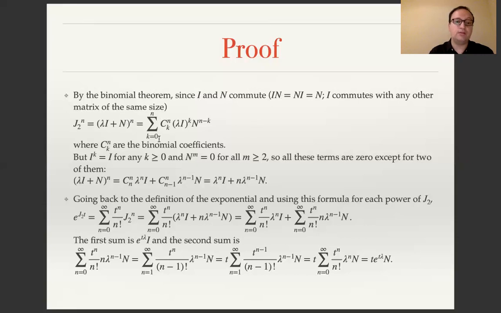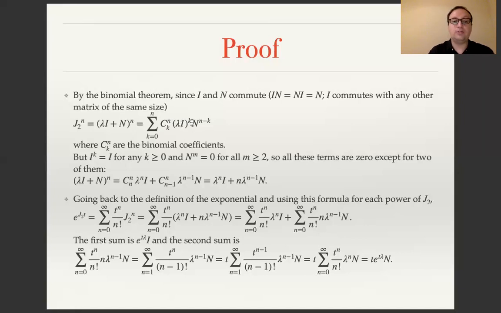And we get that it's equal to the sum for k going from 0 to n of n choose k, so the binomial coefficient, times lambda I to the k times N to the n minus k. But lambda I to the k is just lambda to the k times the identity, because the identity raised to any power is the identity.